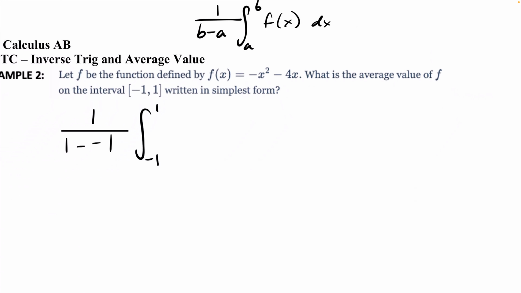Then we find the area under the curve for our function. So what is the fraction in front? 1/2, the same as dividing by 2.